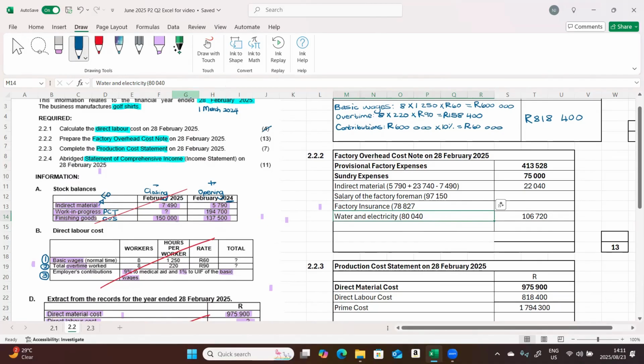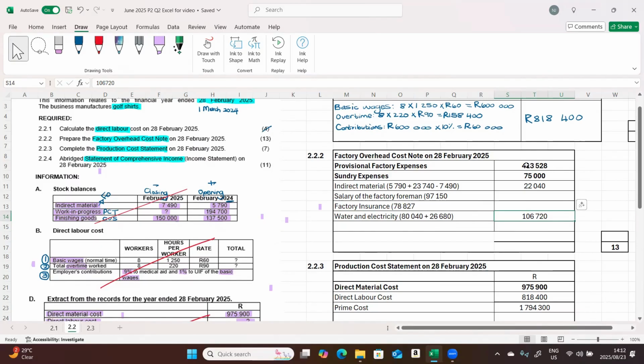So to finish your water and electricity, you are going to say, okay, we have to plus 26,680 and close your bracket to get to this correct amount of 106,720. So there we have fixed the water and electricity bill that was wrongly included over there.